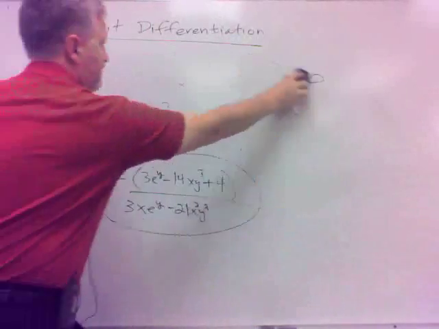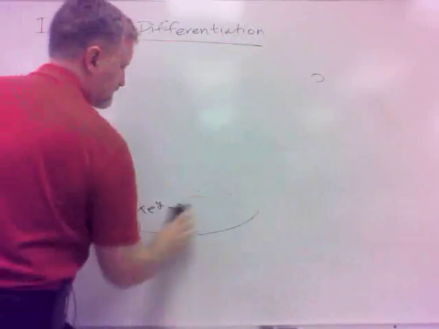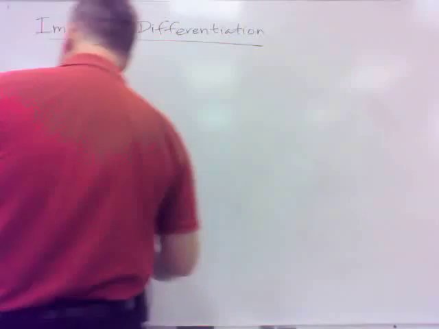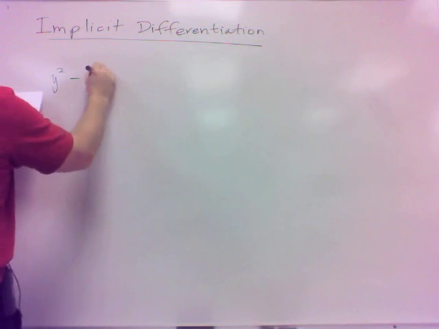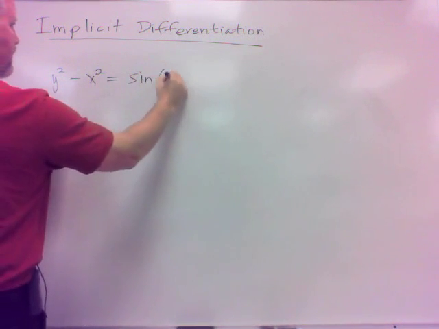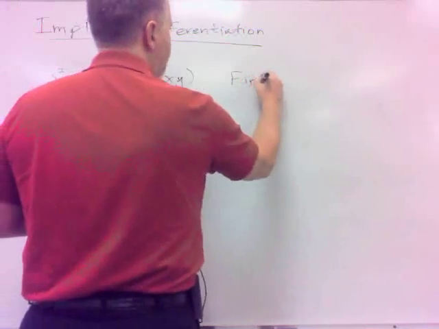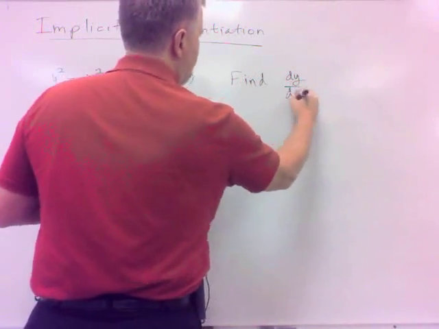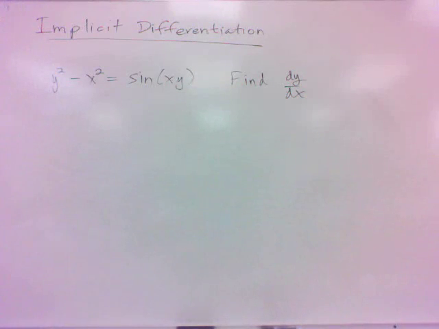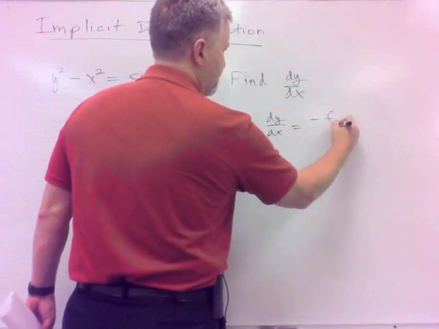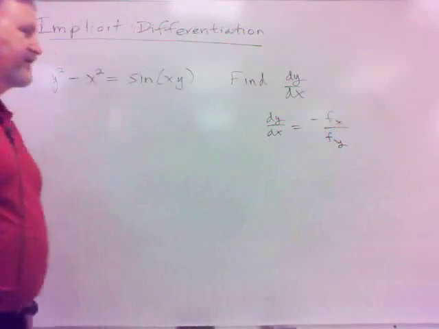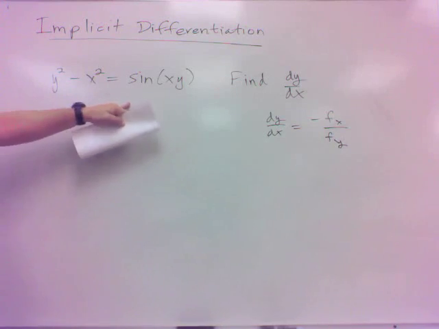So if we've got this, y squared minus x squared equals sine of xy, and I want to find dy dx, for that, to use dy dx equals the negative partial derivative of f with respect to x over partial f with respect to y, it does need one side to be 0.